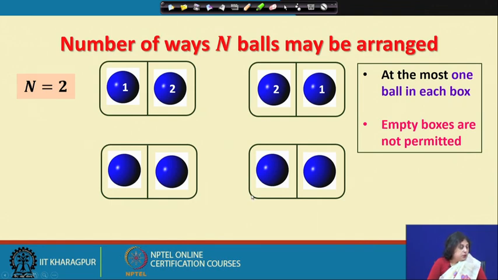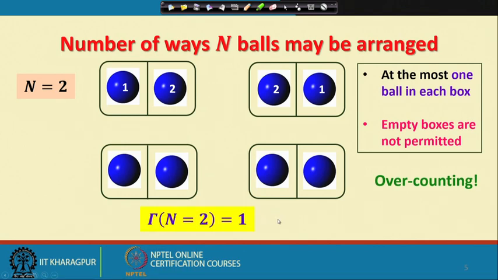Now, can you distinguish by looking at these two states whether they are the same or different? Obviously, your answer would be, okay, if you cannot distinguish between the individual particles given the situation and given the rule of the game, if I say that I am having two different ways, I shall be overcounting.